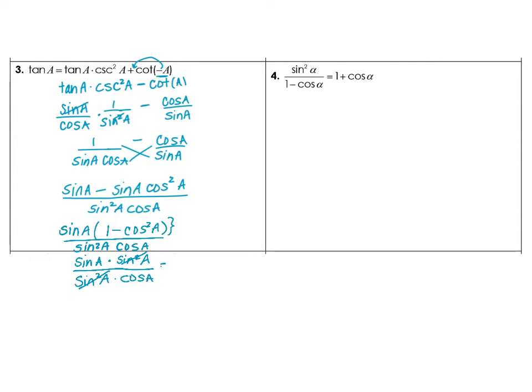And so notice you are left with sine A over cosine A, which is tangent A. So we again have verified.